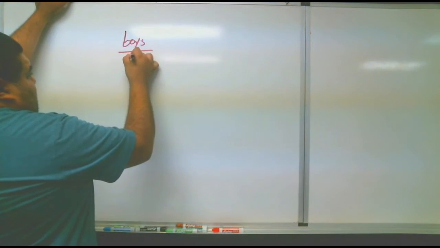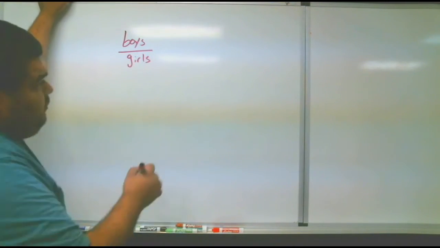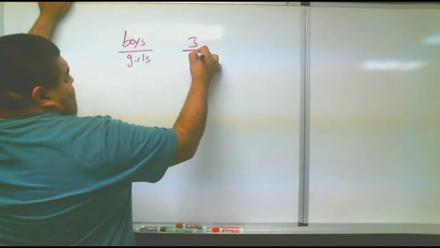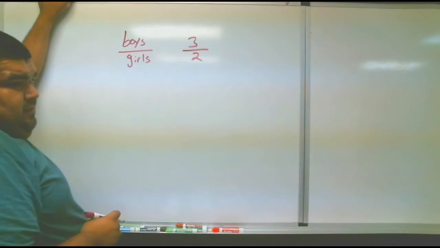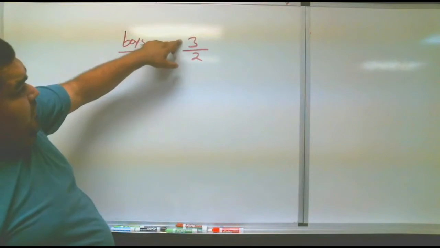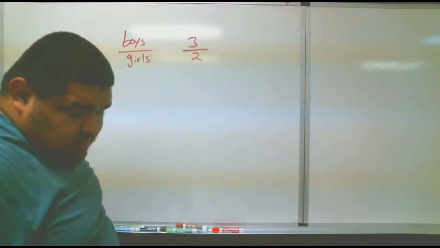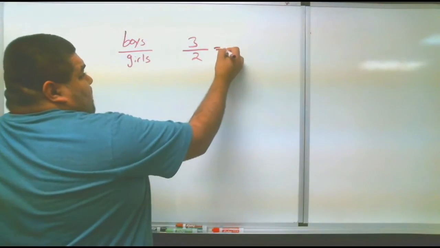Remember, this is one way to write it: the boys over girls. So we have 3 to 2, because 3 boys, 2 girls. It says if there are 12 boys, so we set it equal.